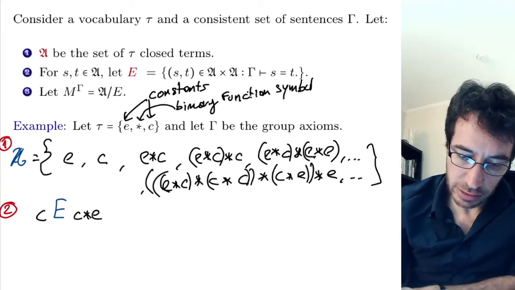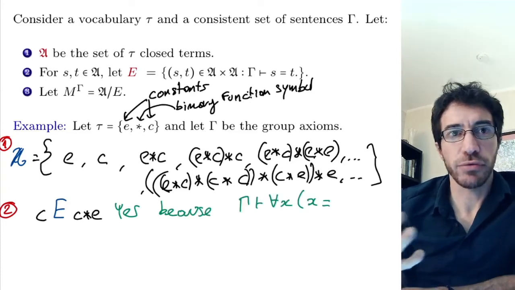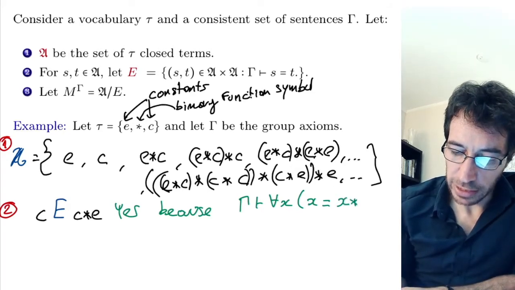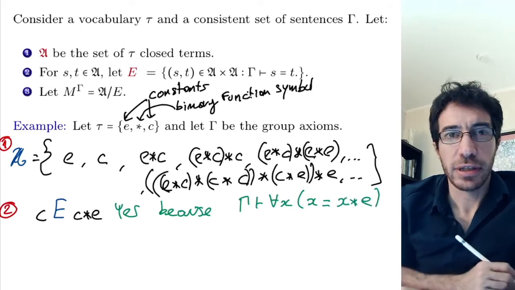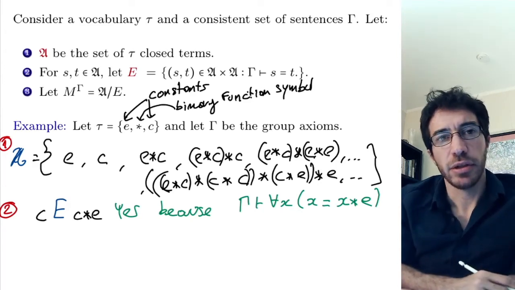Well, let's see. Yes, why? Because gamma can show that for every x, x equals x star E, right? That's kind of the identity axiom. Maybe you have to flip, or you have to do something, but you can prove that from gamma.